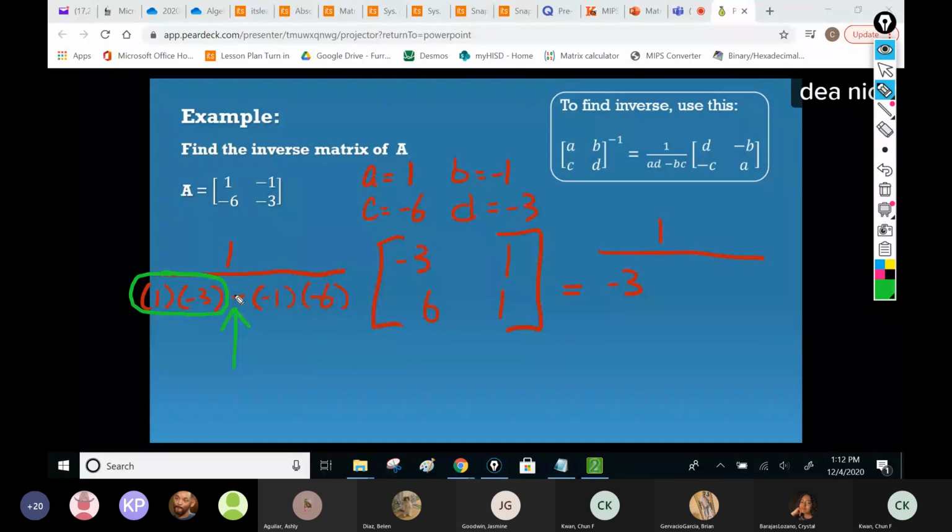We will solve this part right here. Negative 1 times negative 6 will get me a positive 6. And then now you put the minus sign back right here in between them.